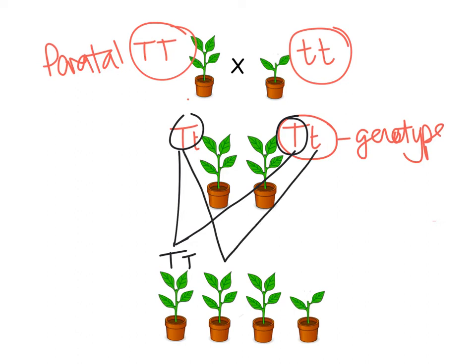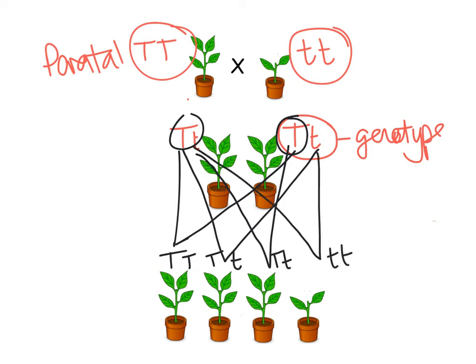We could have that big T and that little t, still going to give us a tall plant. We have that little t and that big T, and little t and little t. That is going to be the only small plant, because all the other ones have at least one big T, and therefore those three are going to be tall and the other one's going to be small.